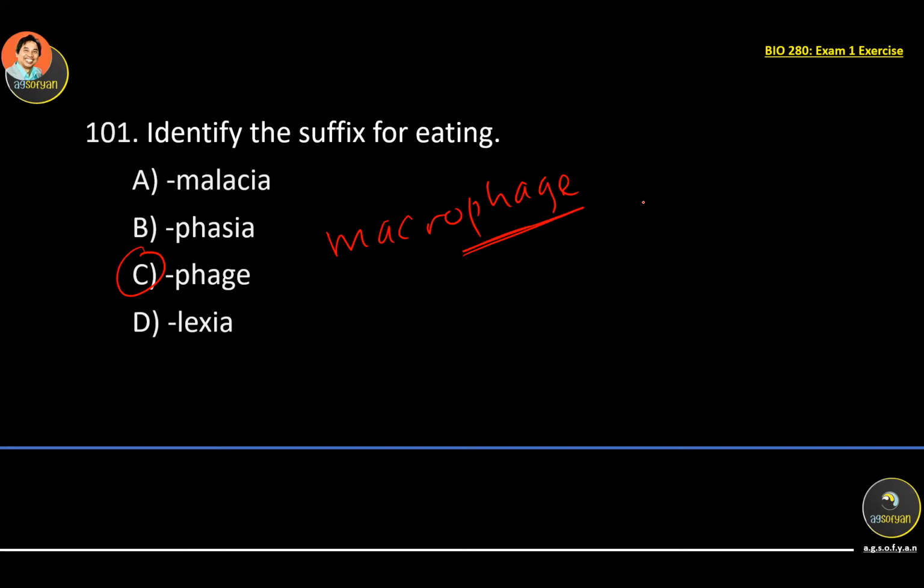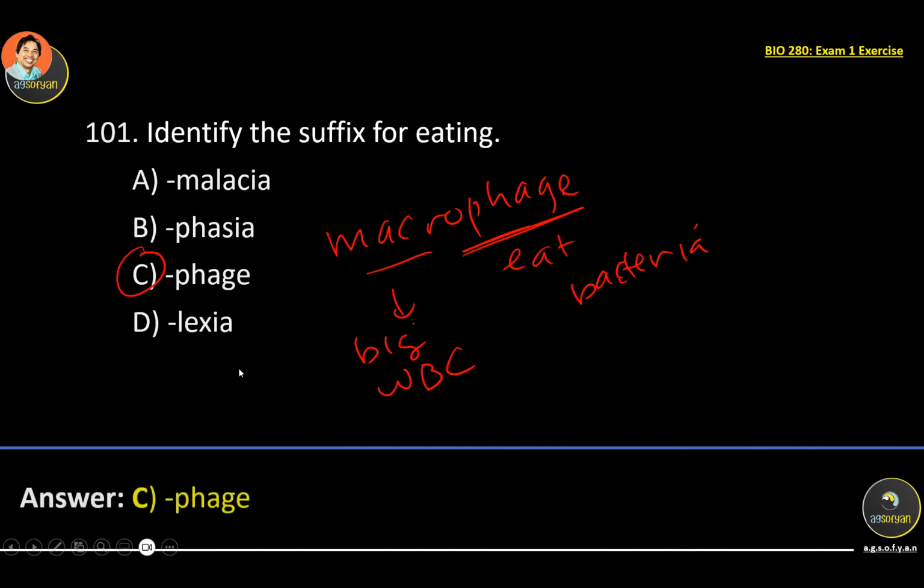The macrophage is a big white blood cell that eats bacteria. So they actually destroy bacteria by eating them. So that's macrophage, big eater. So phage means eat or eating.